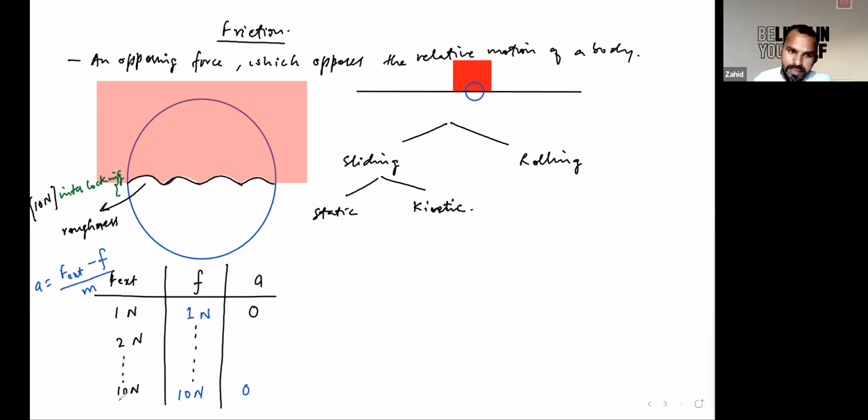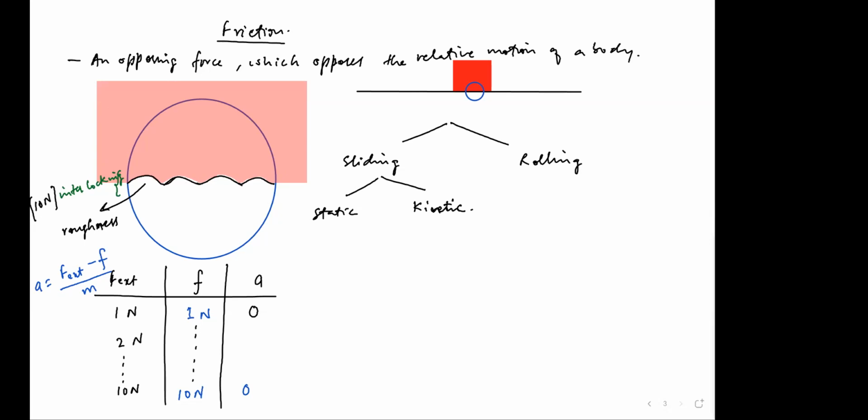So this is the last limit of moving this block over this surface. So this last limit is termed as limiting friction or maximum static friction. Is it clear? Yes, sir. Yes, sir.